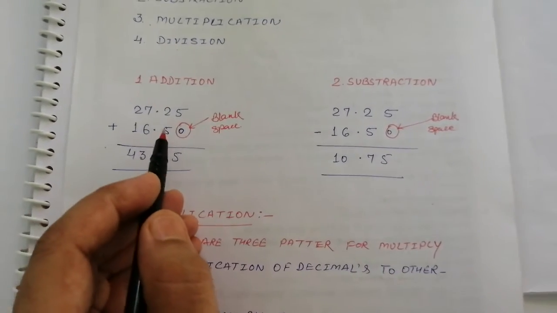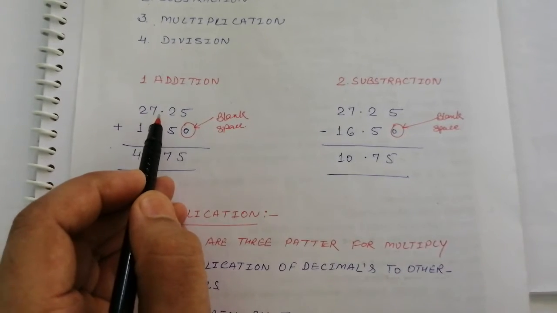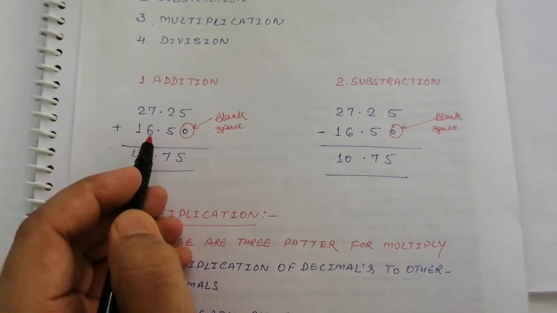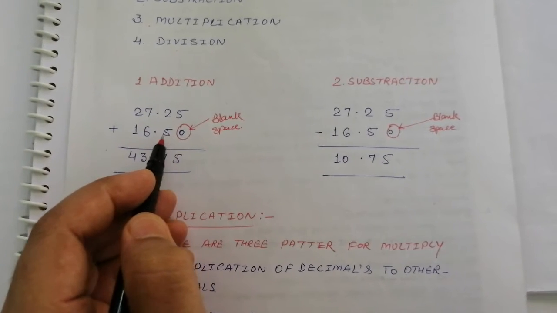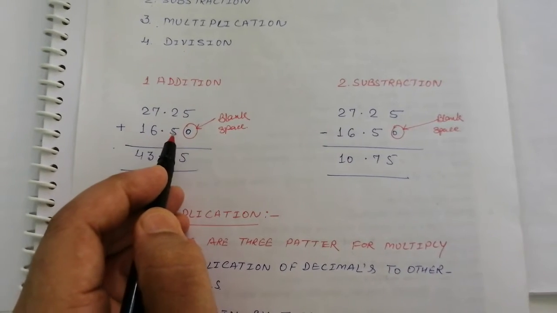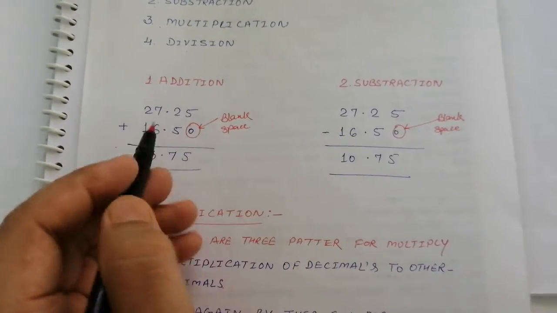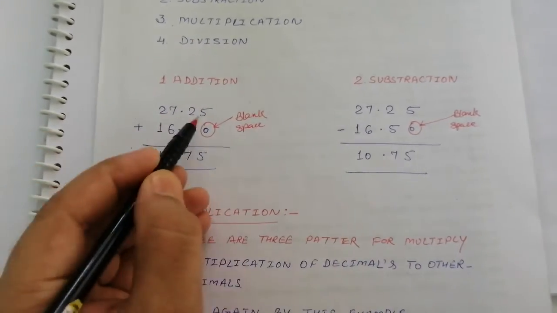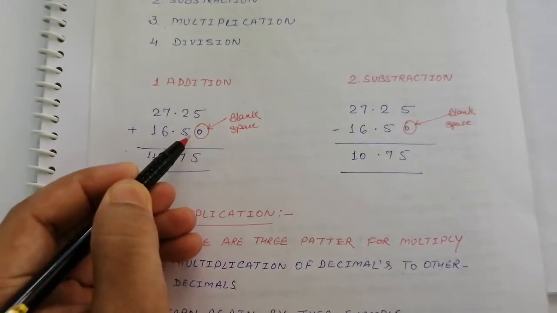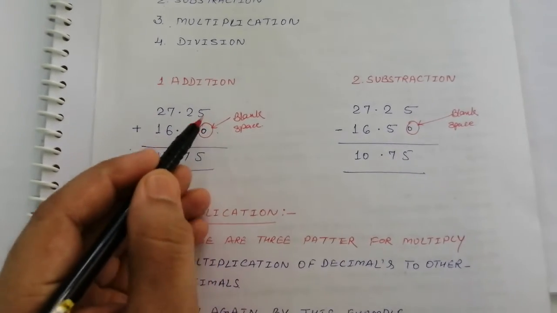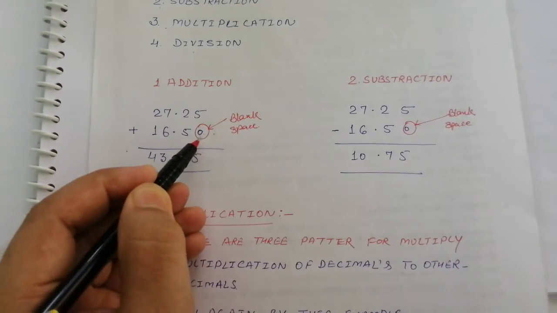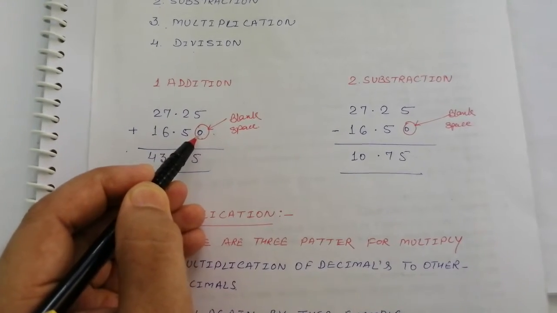In this example, 27.25 plus 16.5. We only read 16.5; the 0 is also learned afterward. Now in the addition property, in the blank place we put 0.